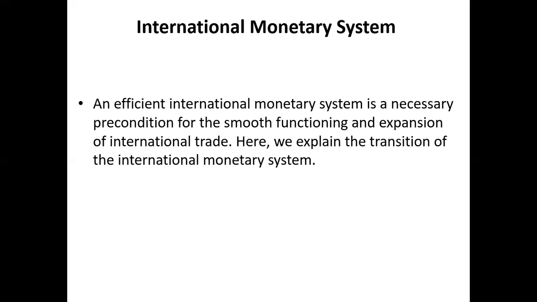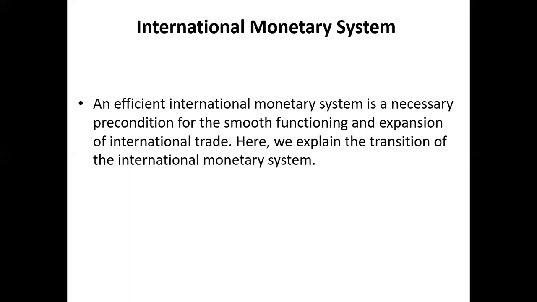of international trade. So just like a banking system helps domestic trade. We know that for domestic exchange of goods and services, we need a banking system in our country, in every country.